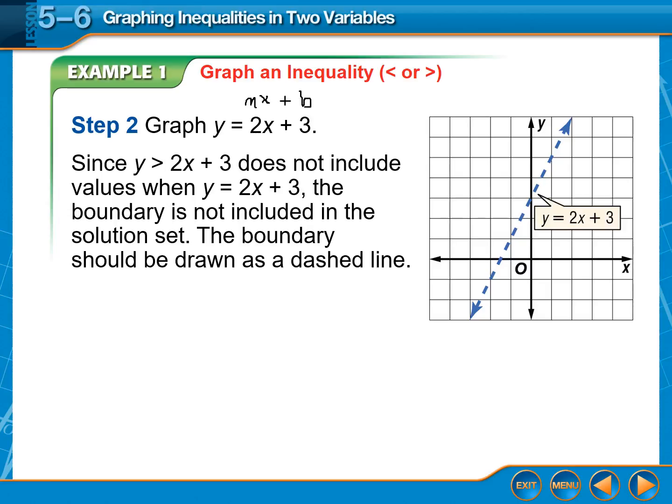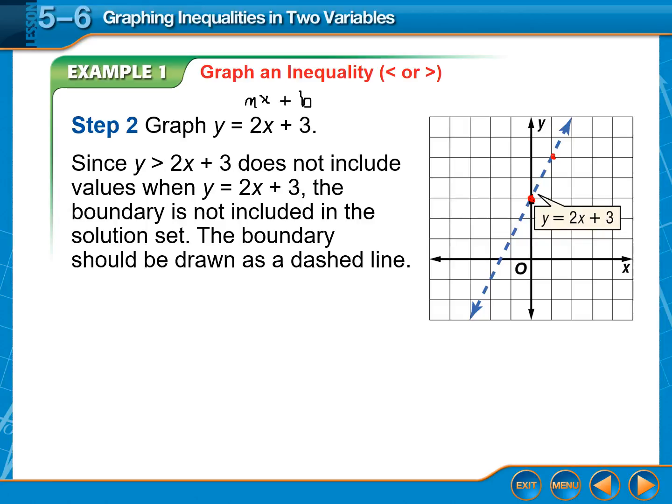So my starting point on my graph is 3 on my y-axis. And then I use my slope 2 to find the other points on my line. If my slope is 2, that means my y value is changing by 2 every time I change x. So I go up 2 as I move over to the next x value.